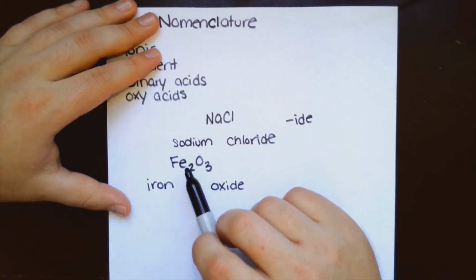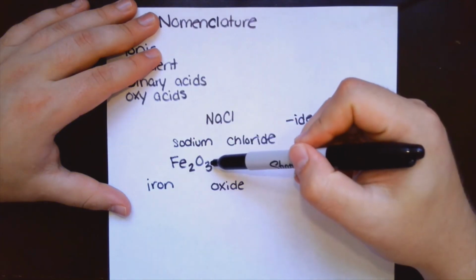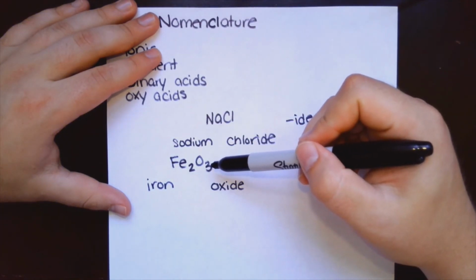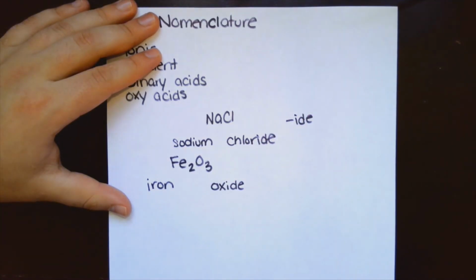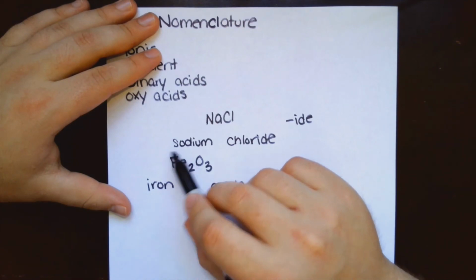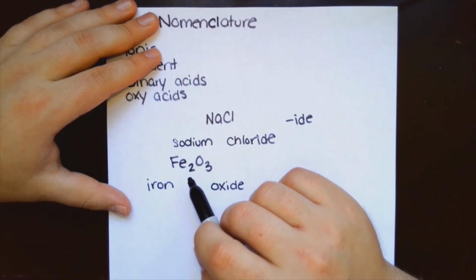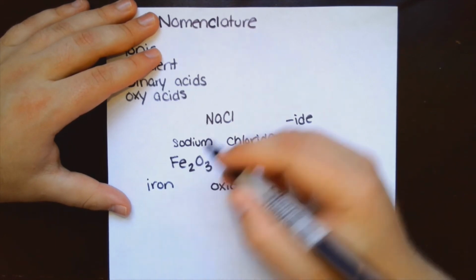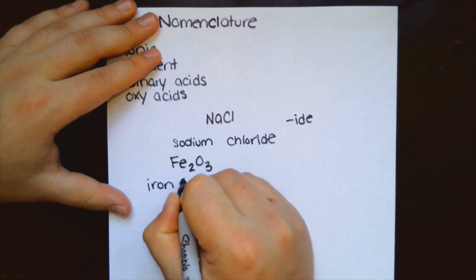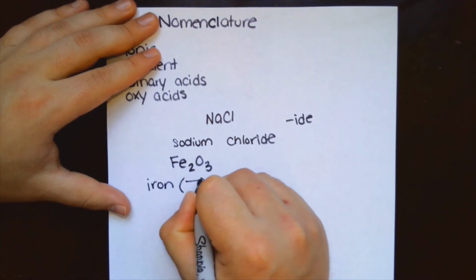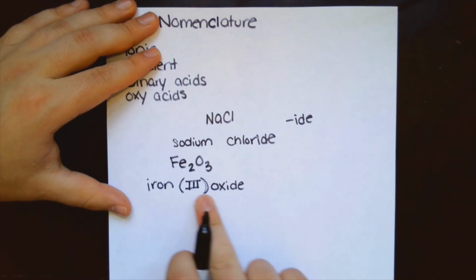So if we have a total of -6 charge, that means that to cancel it out, to get an electrically neutral molecule, the iron has to add up to +6. And if we have 2 iron ions, that means that the charge of iron has to be +3. So this is going to be iron(III). So in parentheses, ooh, my marker's kind of going a little bit. I might switch to orange here in a second. We have iron(III) oxide.